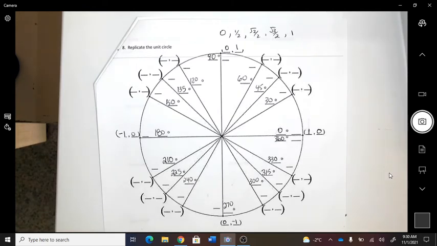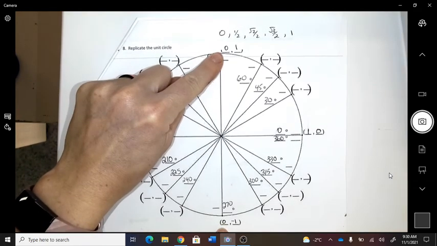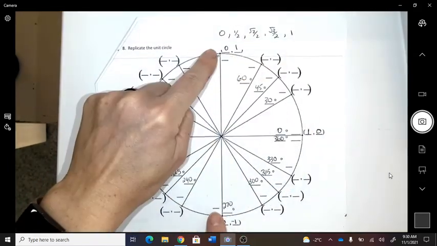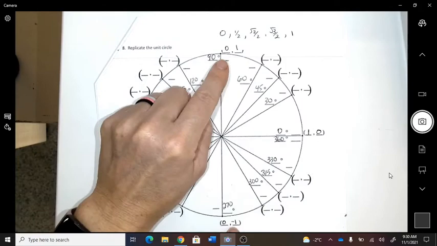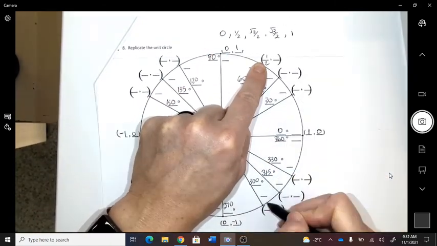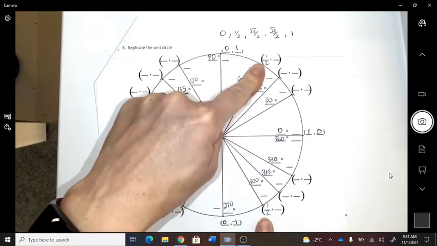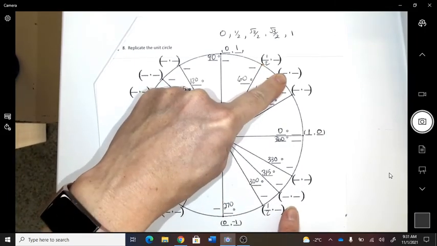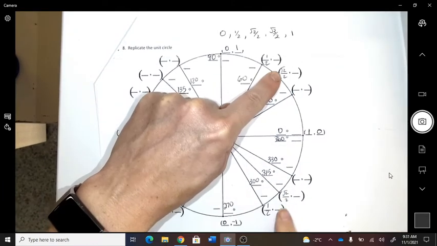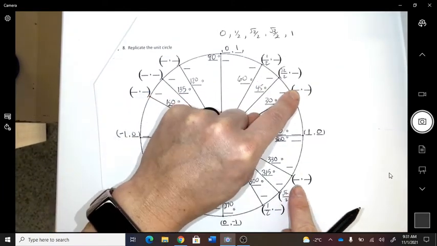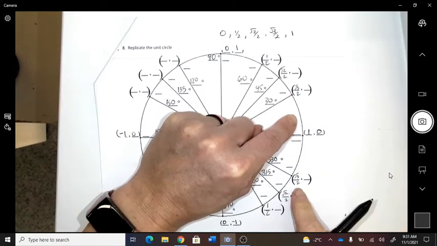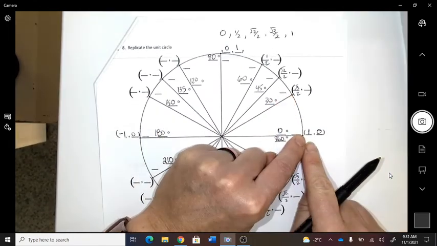Okay, ready? I'm going to put my finger on the zeros. So this is me going to move x and I'm going to move x bigger, bigger, bigger. Okay, so moving, I'm going to go 1/2. Move right, root 2/2. Move right, root 3/2. Move right, 1.